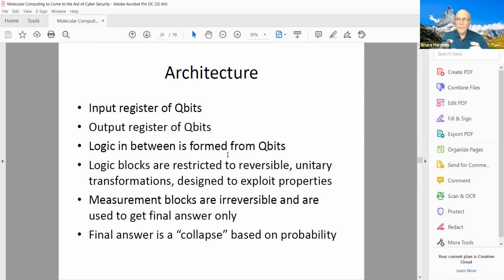The logic blocks that are going to be inside here are all reversible unitary transformations designed to exploit these properties. So what do I mean by a transformation? Well, if the input is a vector, like we saw alpha 0 through alpha 3, for example, then we can transform on that vector and produce another vector on the other side.